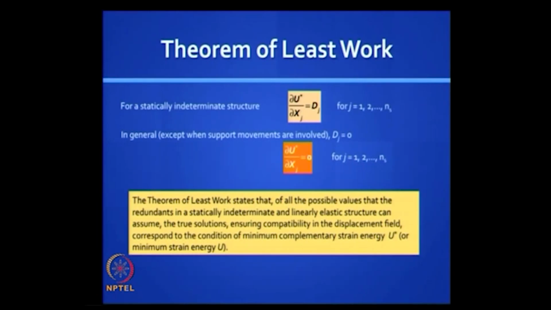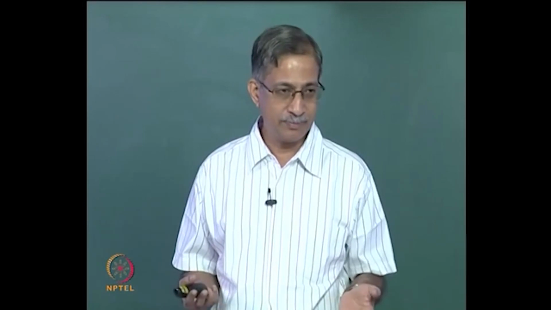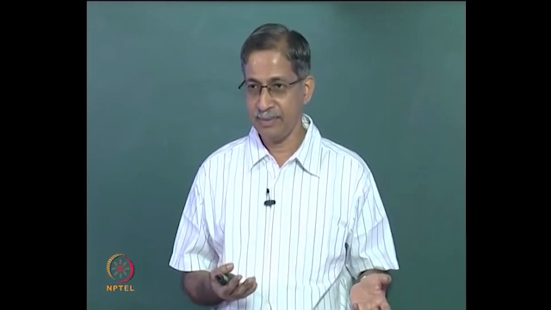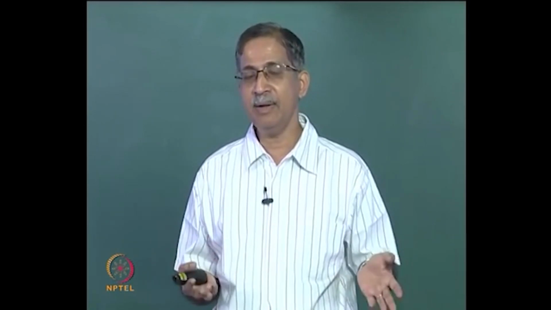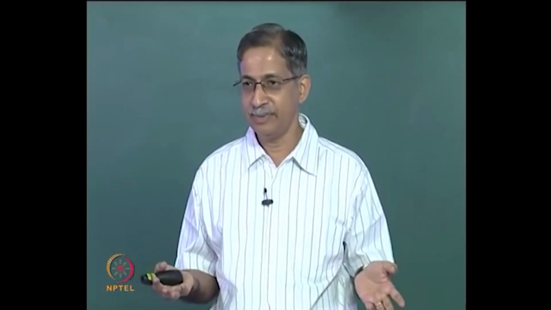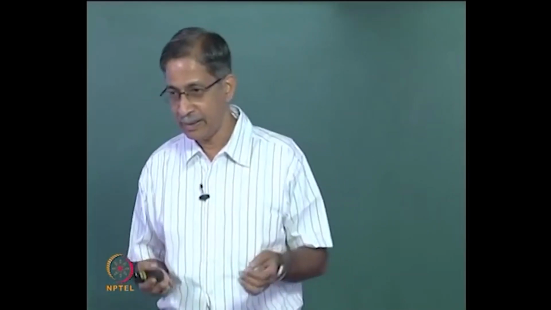Now the Dj that we are referring to here is a displacement conjugate with Xj. If you look at the previous problem where you took the support reaction as Xj, the horizontal reaction, then Dj would be the movement in that support, and that movement is 0. The movement in the original structure is not allowed, so Dj is 0.